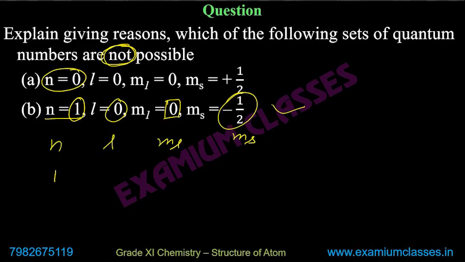L can have values 0 to n minus 1, so it will be only one value which will be 0. And if L is 0, ML will be from minus L to plus L, means minus 0 to plus 0, means 0 only. I got confused for the count, I was trying to apply the formula. And here you can have plus half or minus half. Both are possible.